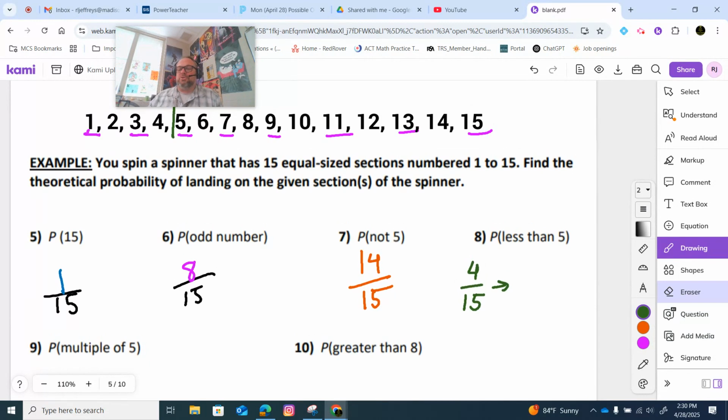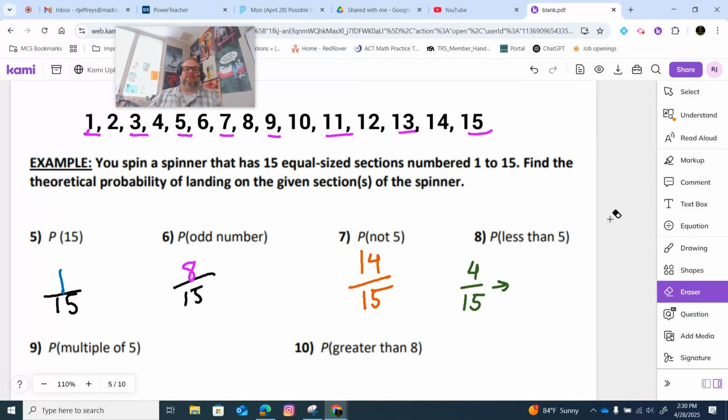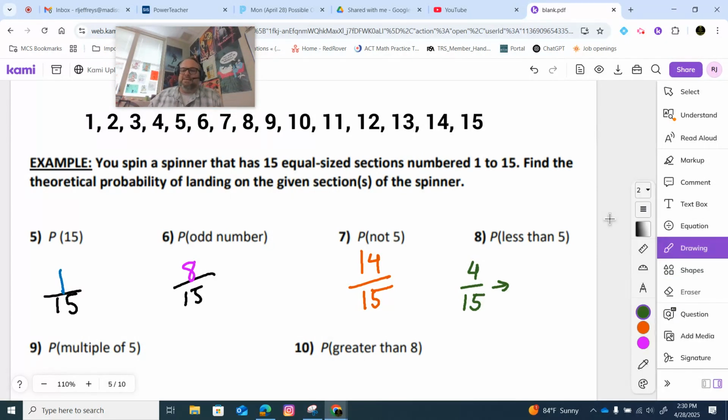Ooh, a multiple of 5. Some of y'all are, what does multiple mean? That means if you did your times tables and you did 1 through 12 for 5, what numbers would be at the far right column for that? Yeah. So the only multiples of 5 are 5, well, 10, and 15.